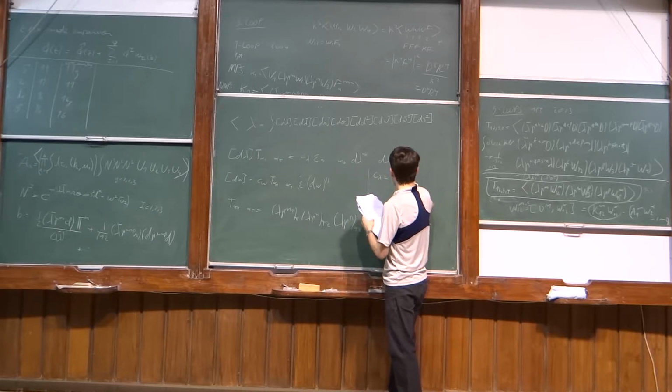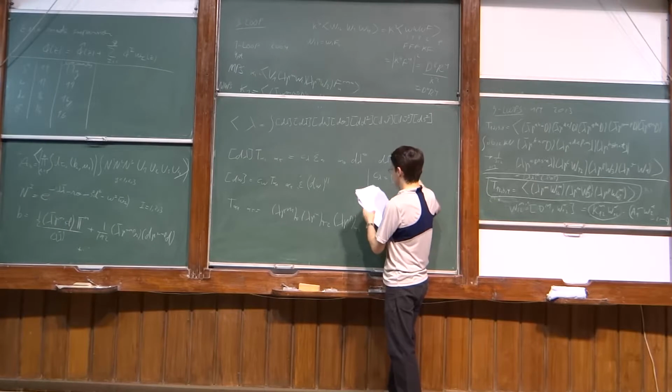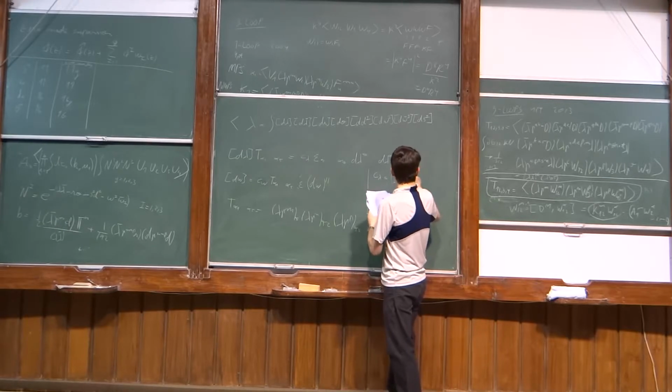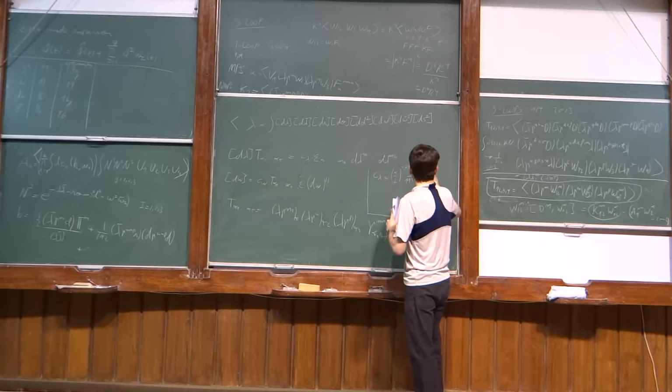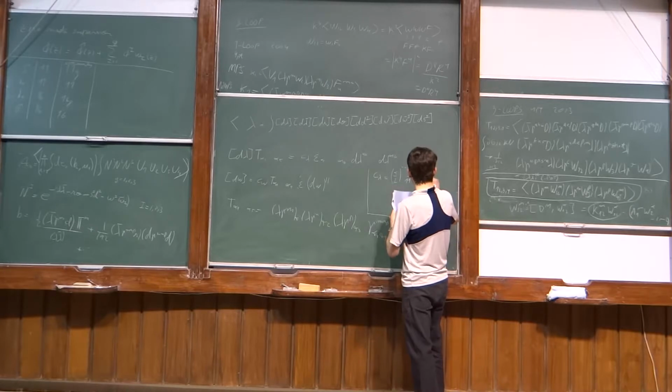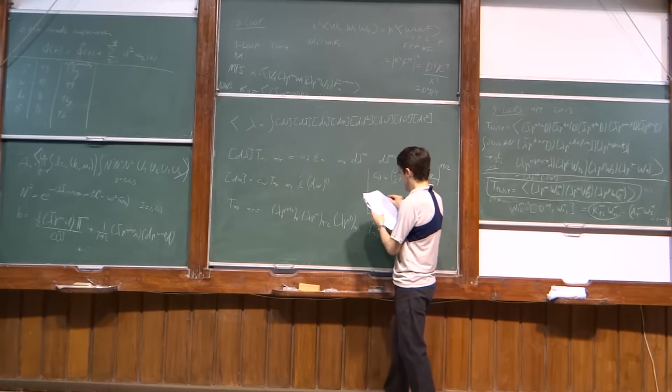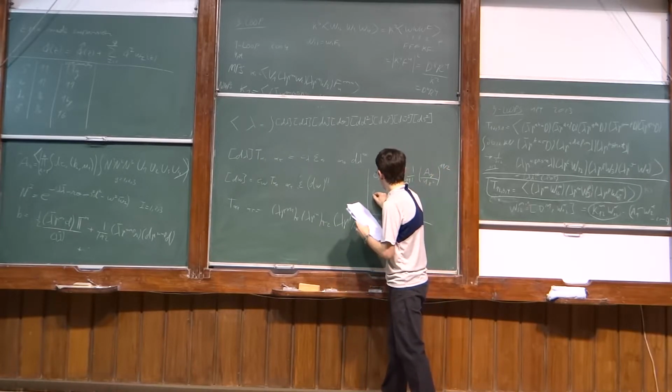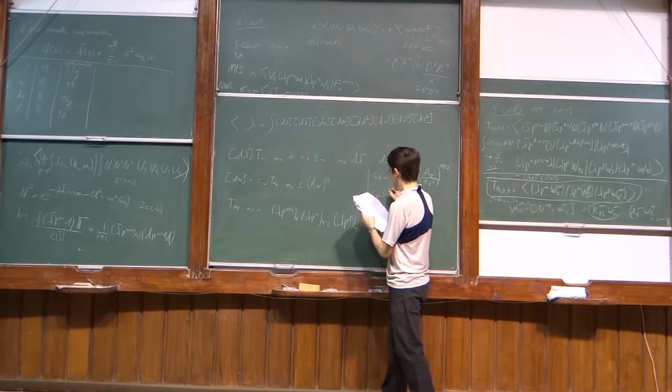So there is some power of a prime, some combinatoric factor, and then the area of the Riemann surface.